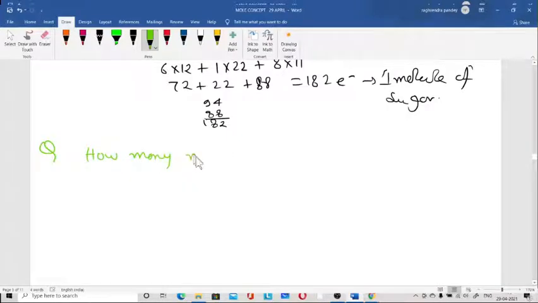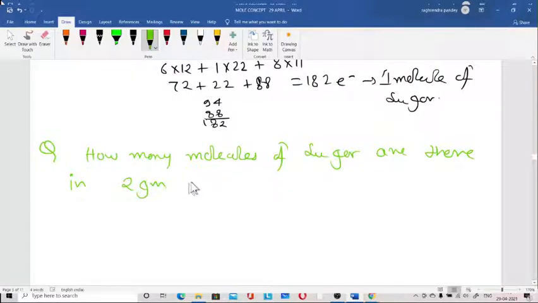How many molecules of sugar are there in 2 gram carbon?